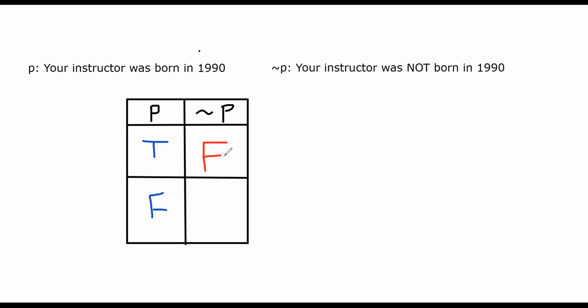False. Exactly. Whenever this statement is true, its negation is false because they're opposites. However, let's say that the statement I was born in 1990 is actually false. What would not P have to be? True, exactly. It takes the opposite sentiment.